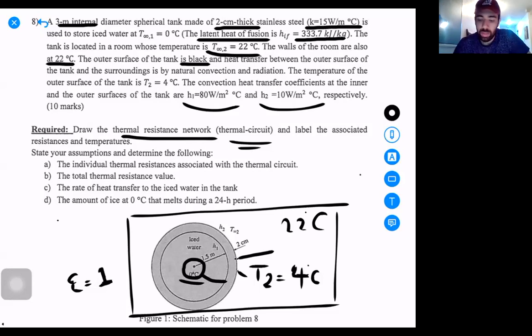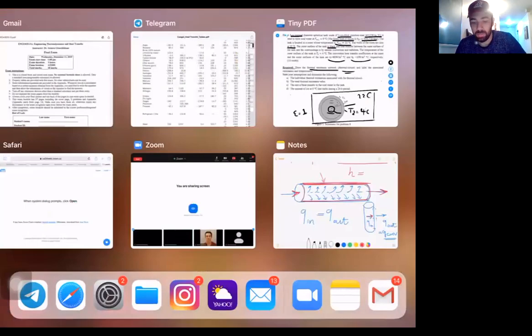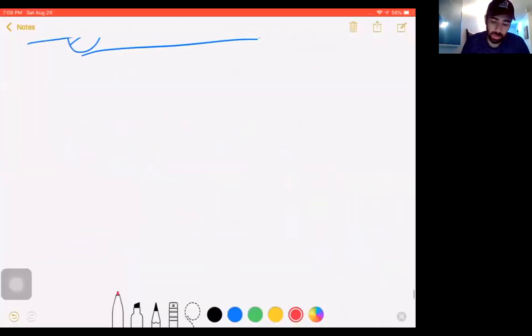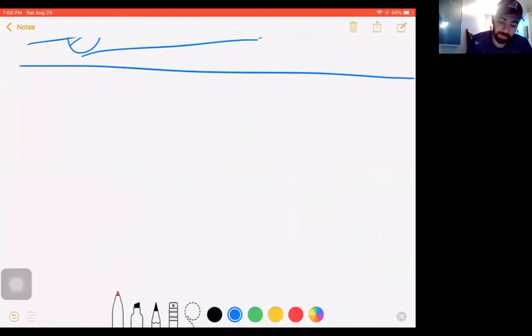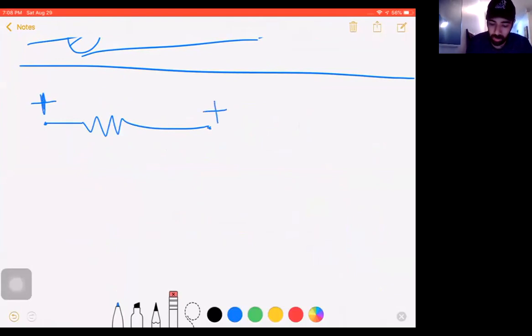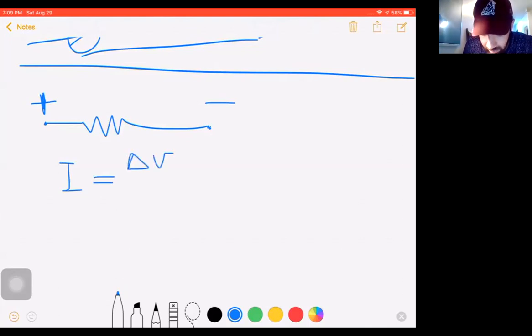So if I have a correlation between these two systems, in electrical systems you have voltage between 2 points, and the current corresponding with this system is equal to the voltage difference over the total resistance of the system. In heat transfer, instead of voltage difference, we have temperature difference.